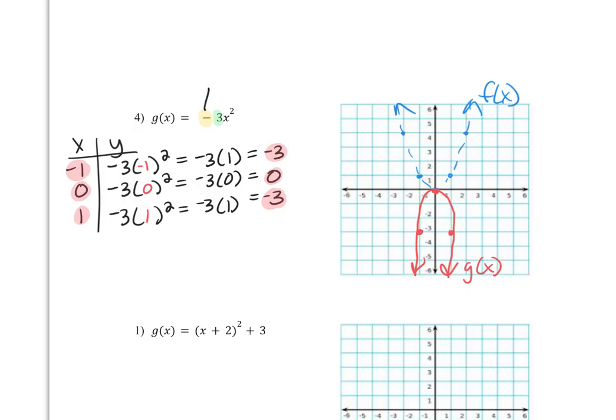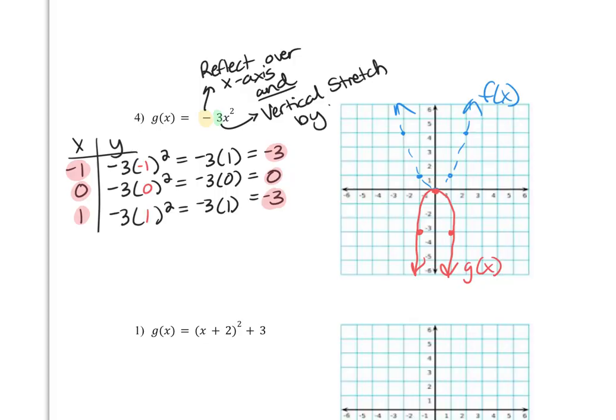transformations. So this negative, if there's ever a negative, it's reflect over x-axis. And there's the 3. That made it skinnier, which is a vertical stretch by 3.